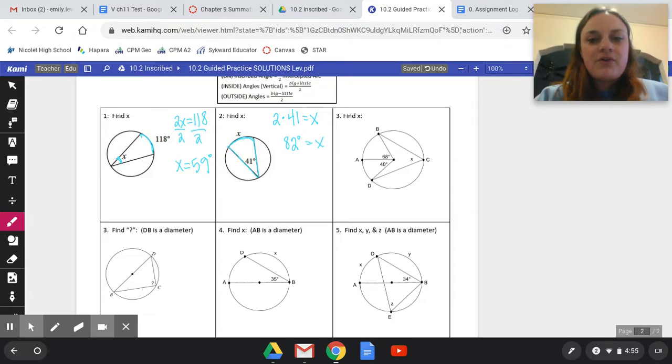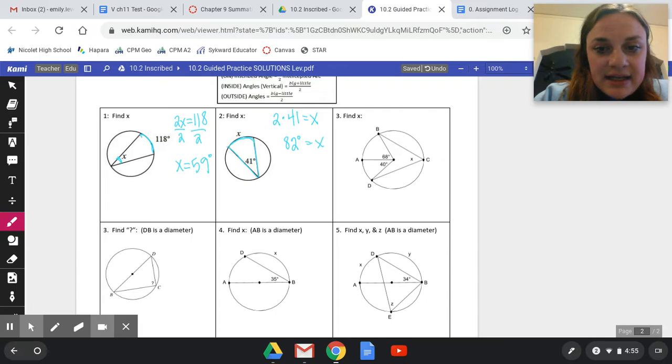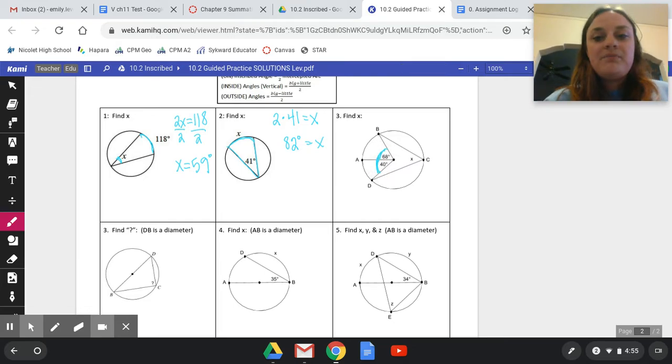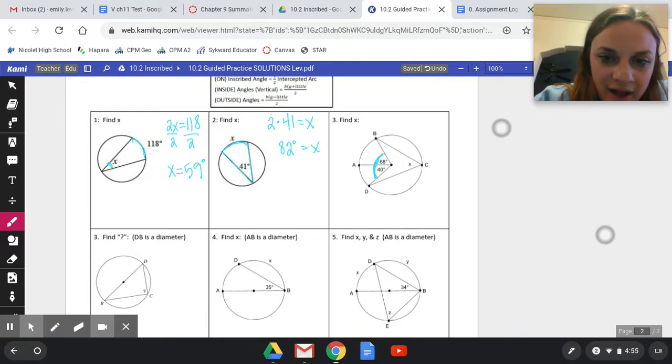Oof, this one's a little bit trickier. Level up, problem 3. I am given 2 central angles here, right? So I've got this 68 degrees and I've got this 40 degrees, which means that this full central angle right here would be equal to both of them.